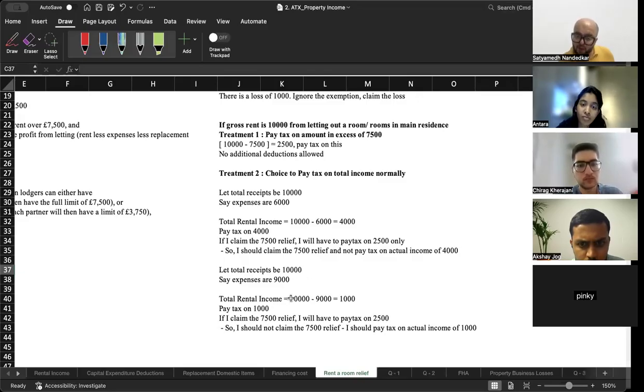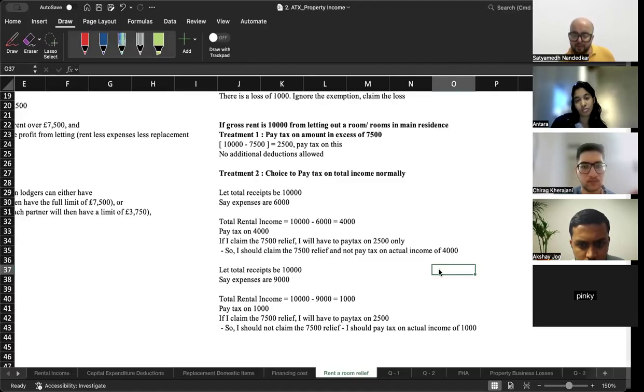But if you go with the actual basis, then 10,000 minus 9,000 will be 1,000 and you will have to pay tax on 1,000. So in this case, claiming that 7,500 rent a room relief doesn't work in your favor. In the earlier case, claiming that 7,500 rent a room relief works in your favor. So you will have to evaluate it on the basis of facts of the case.